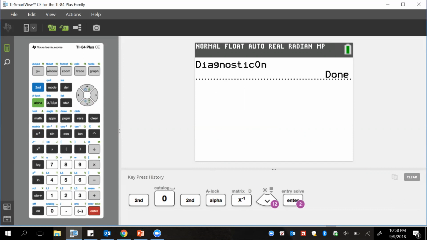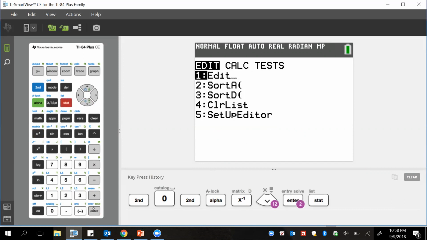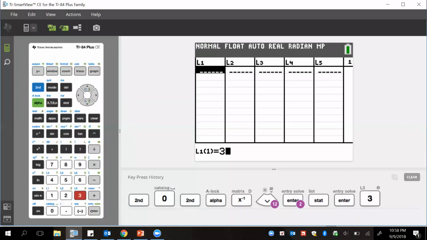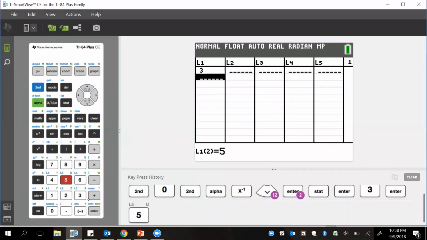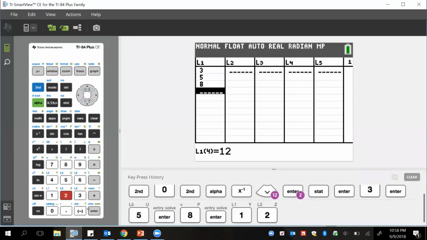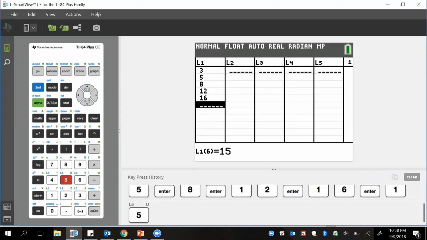Now that that's on, I'm gonna go to stat and edit. And I'm gonna input all of these points. So I'm gonna put 3, 5, 8, 12, 16, and 15. So 3, enter, 5, enter, 8, enter, 12, enter, 16, enter, and 15, enter.